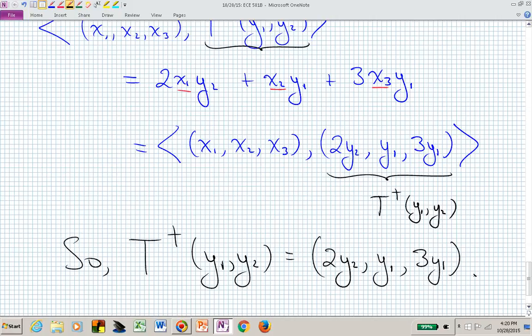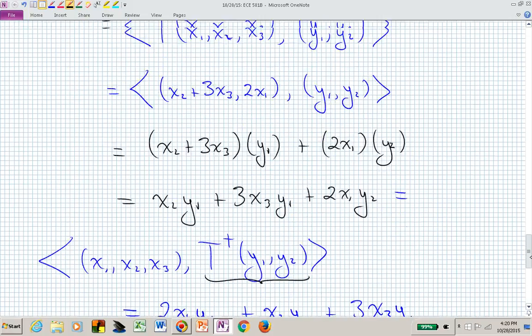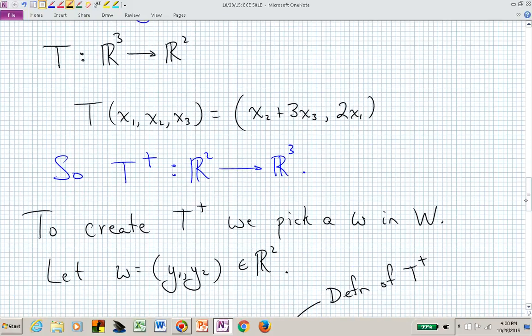And that's now the linear map T dagger corresponding to the linear map T that went from R3 to R2.